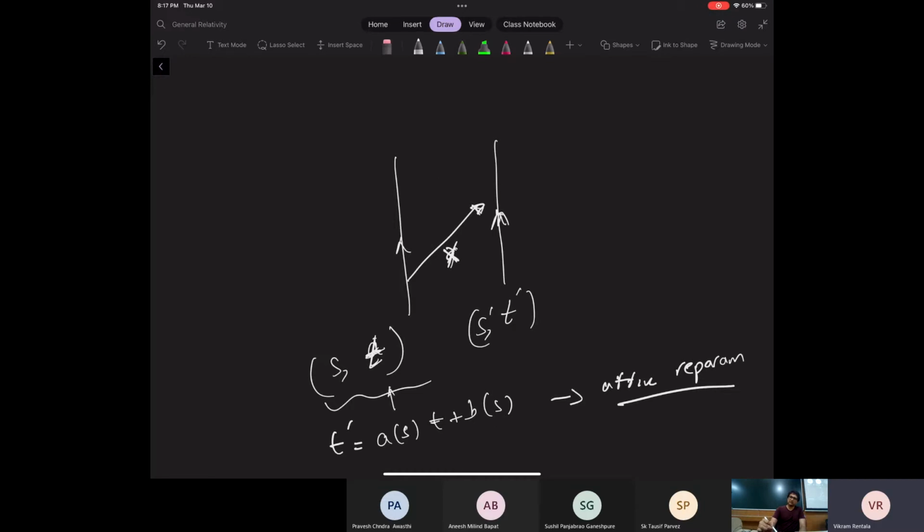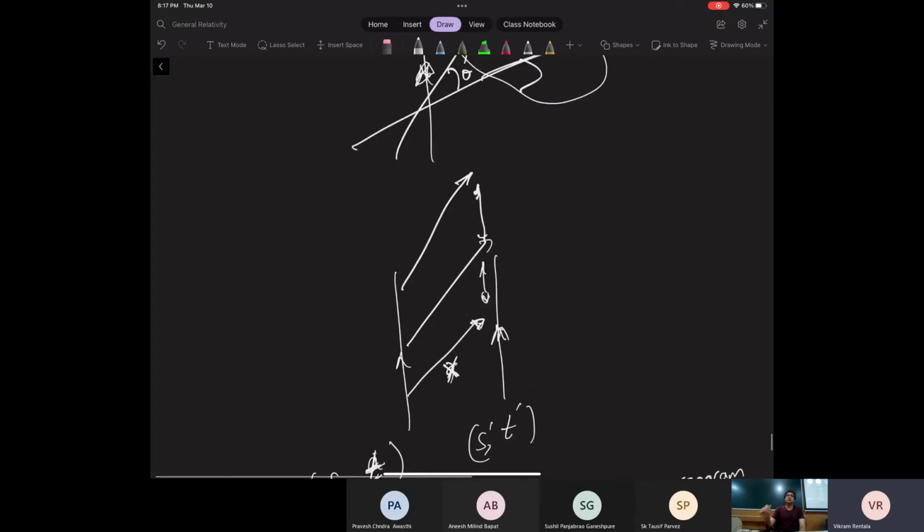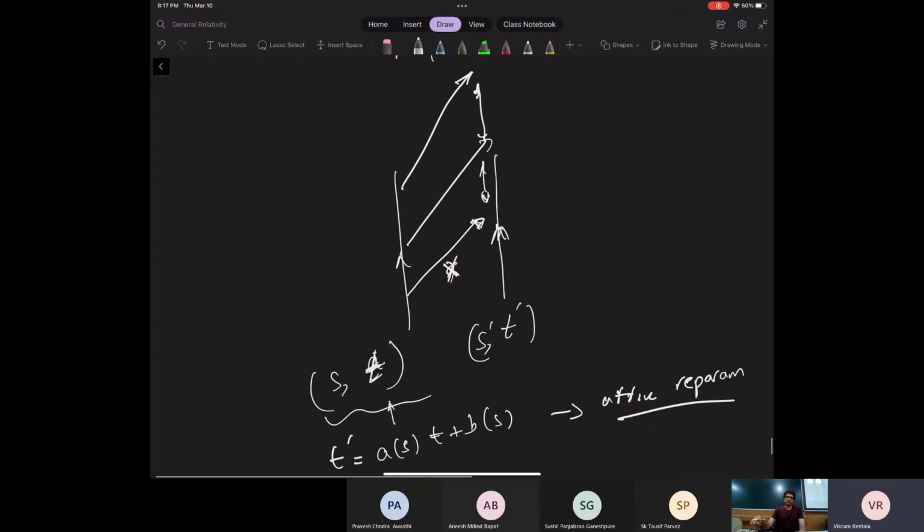So the scale factor would be something like this. The separation is constantly increasing. Yeah, okay, so all the x's are getting scaled by the same amount, for every point of the geodesic.